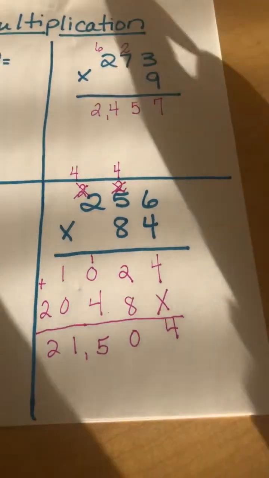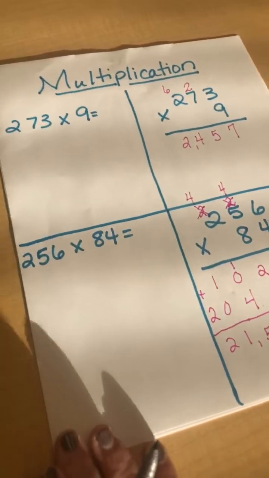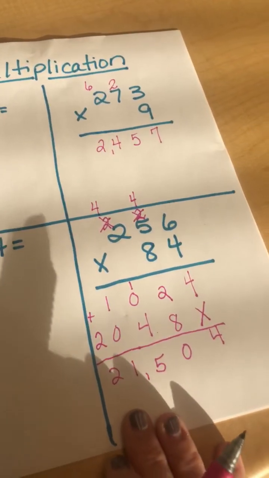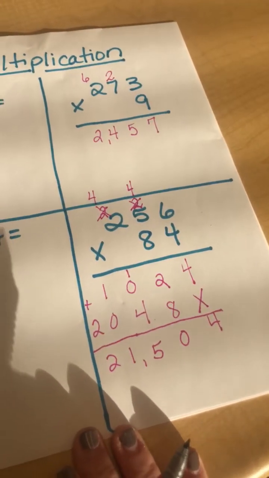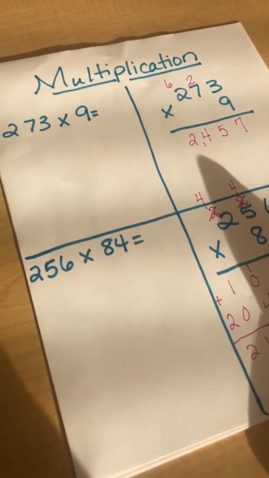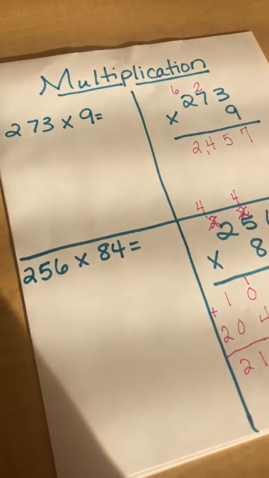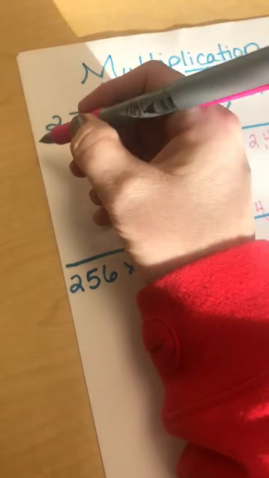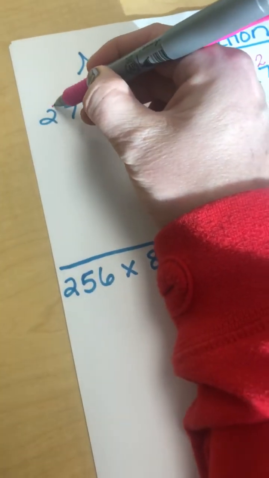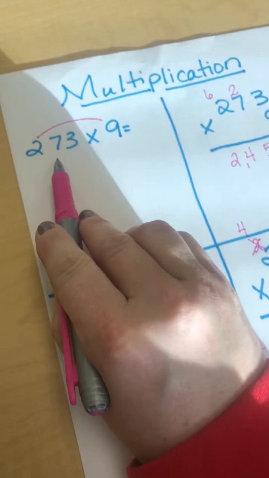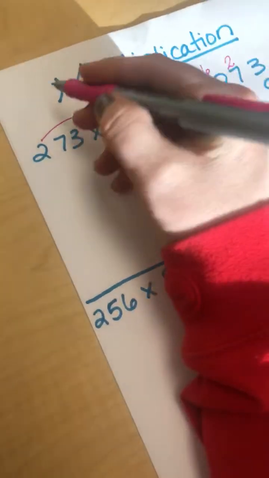So the way we are showing them now in the beginning, because we do eventually go to this, I'm sure your middle school and high schoolers multiply this way. This is the end goal. But in the beginning, we show them a much easier way for them. It may not be a much easier way for the adults who have mastered it, but it is for the students. So they have to understand that this represents 200, this represents 70, and this represents 3.